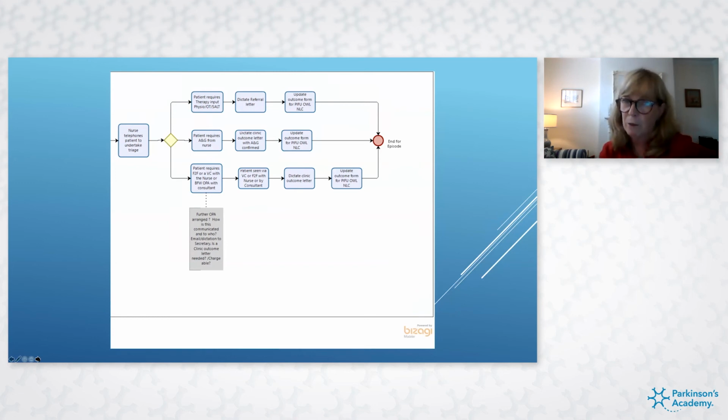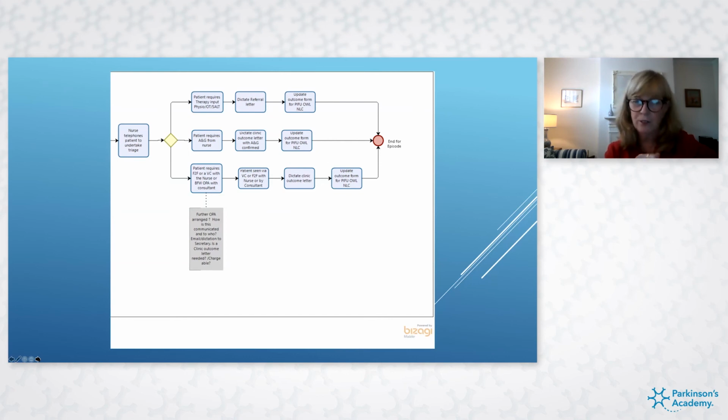So what we're doing with our patients in East Cheshire is giving people a 6-month appointment with the nurse, and all our patients are seen by the consultant with a face-to-face contact annually. So there's 2 points of contact there which are booked in.